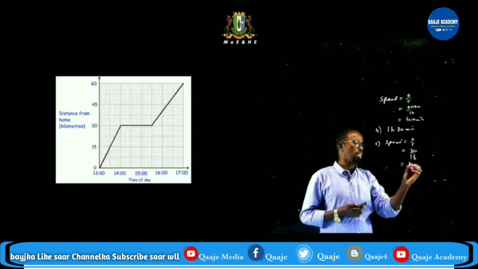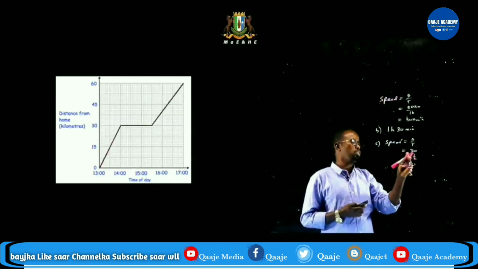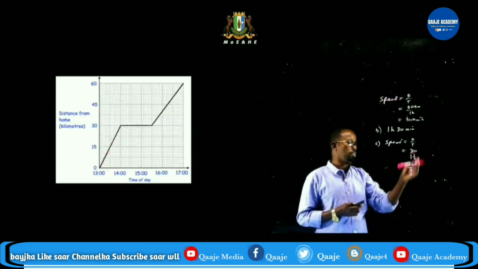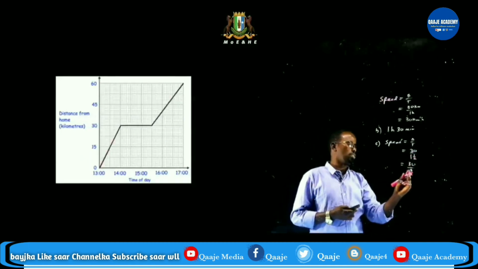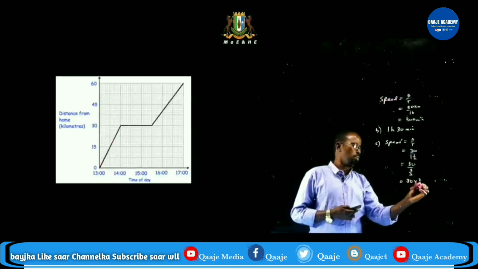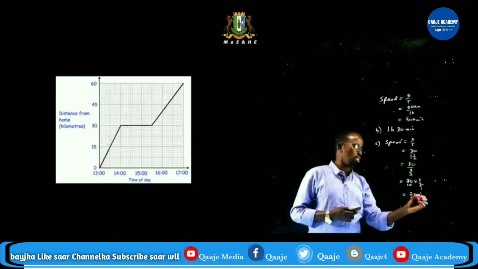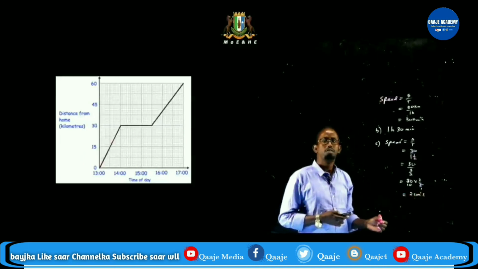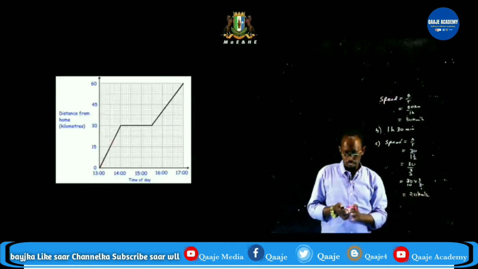So that will be 30 divided by 3 over 2. You change this one to an improper fraction, so you multiply 30 times 2 divided by 3. 1 by 3 is 10, 10 times 2, you get 20 kilometers per hour.